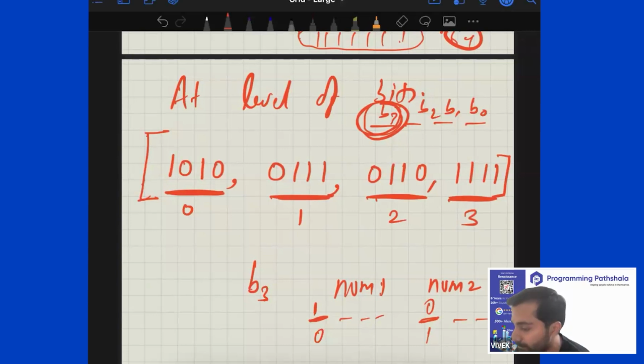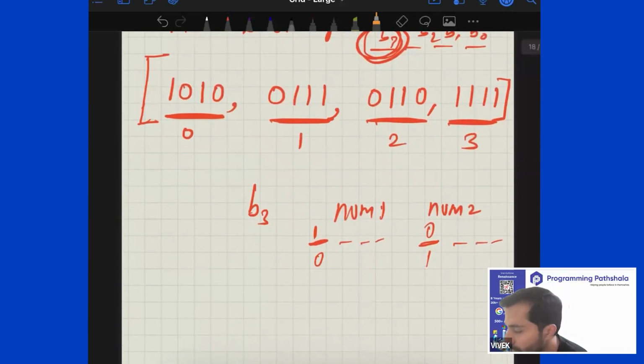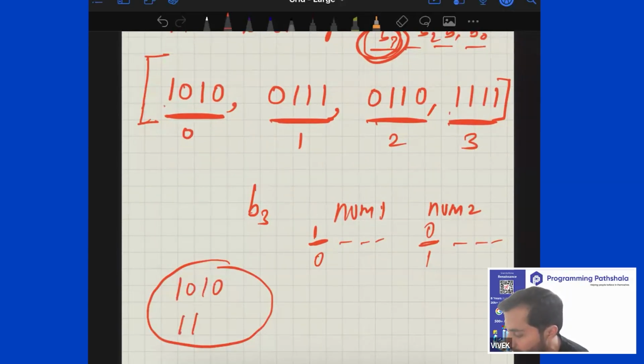So what I can clearly say from here is, if you consider a pair of 0 and 1, the third bit will contribute. If you consider a pair of 0 and 2, the third bit will contribute, right? Similarly, for a pair of 1 and 3, and for a pair of 2 and 3, the third bit will contribute. So basically, there is a collection of numbers where the third bit is on, which is 1, 0, 1, 0 and 1, 1, 1, 1.